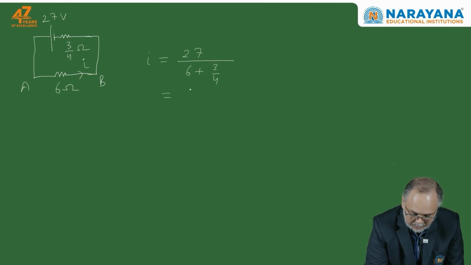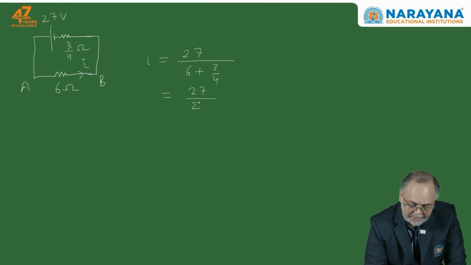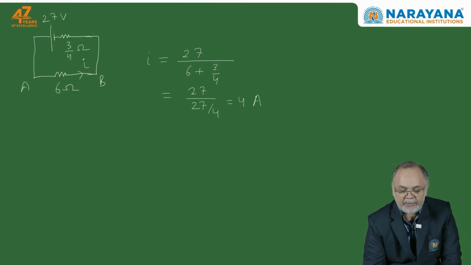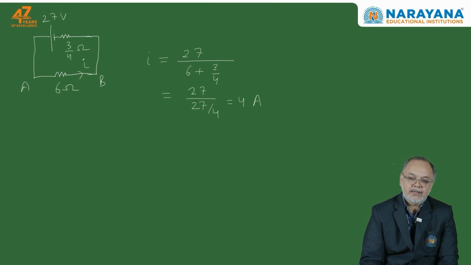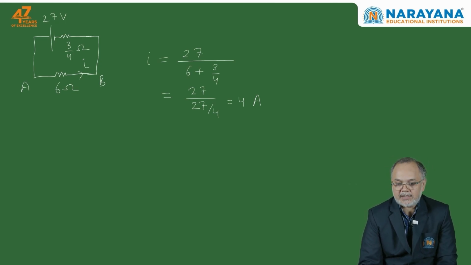So this is equal to 27 upon (6 into 4, 24, plus 3) 27. So you can write this will be 27 by 4... that is equal to 4 ampere. So this is the current which is flowing through the 6 ohm resistance.